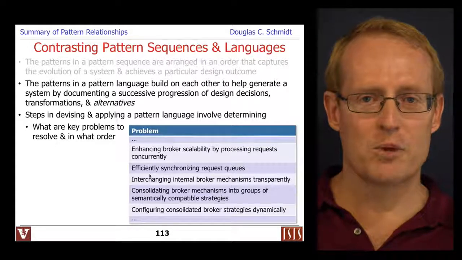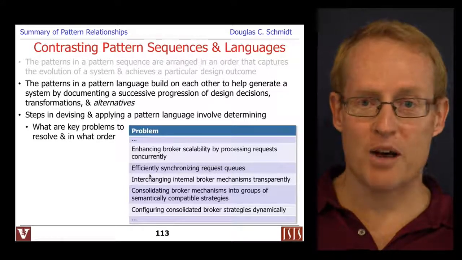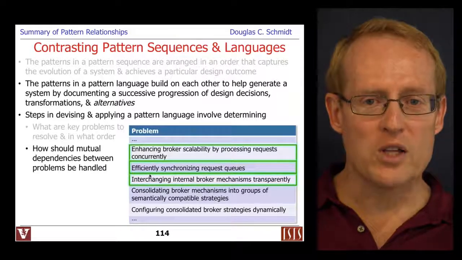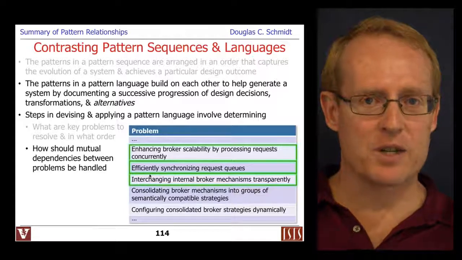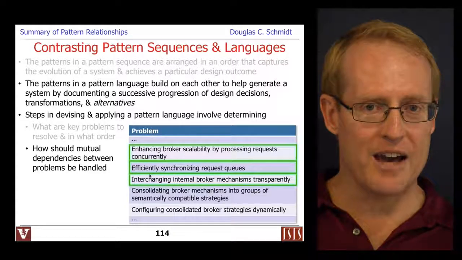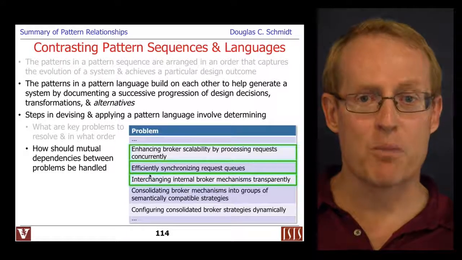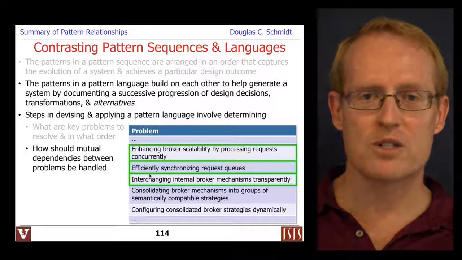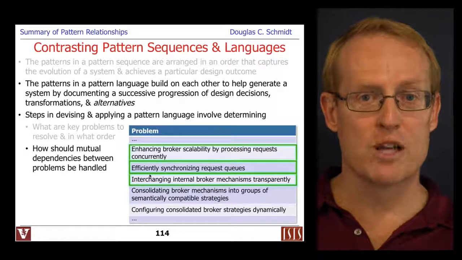For example, you're most likely going to want to figure out how to have a concurrency architecture before you start worrying about what kind of synchronized request queue you need, if you need one at all. We also have to figure out how mutual dependencies between these problems must be resolved. For example, if we're going to have a half sync, half async approach, then we're going to need some type of synchronized request queue. Well, if we start fiddling around with some of our Broker mechanisms, it's possible for us to make some selections for synchronization primitives and so on that might be at odds with some of the mechanism choices we selected to resolve earlier problems.